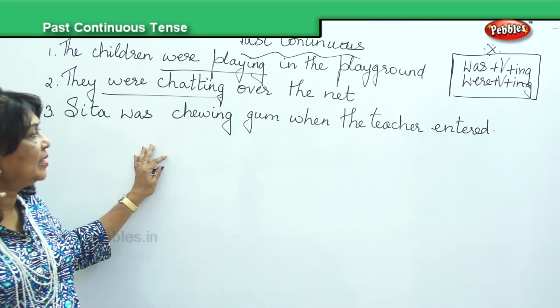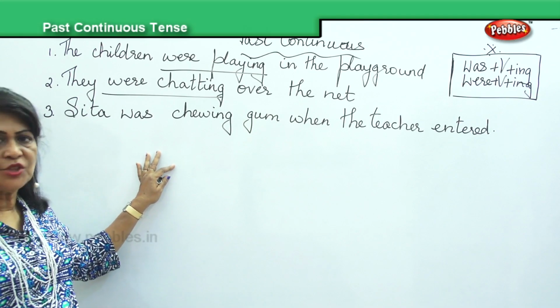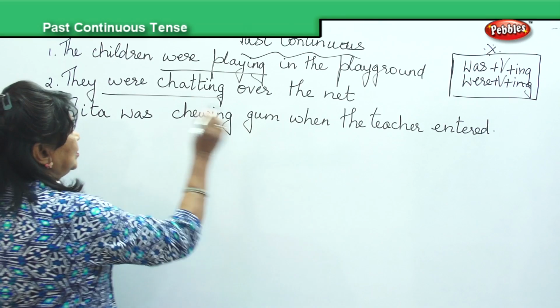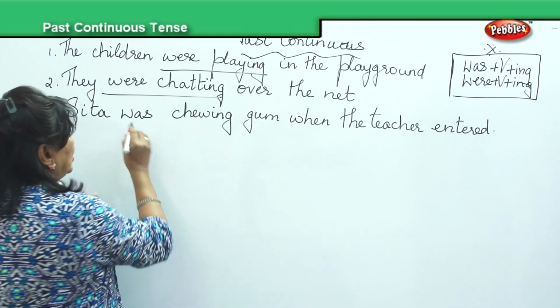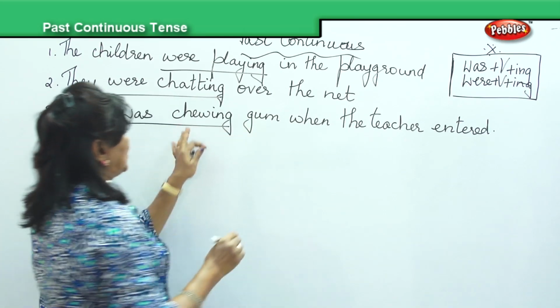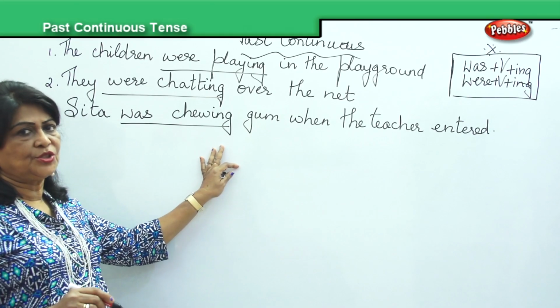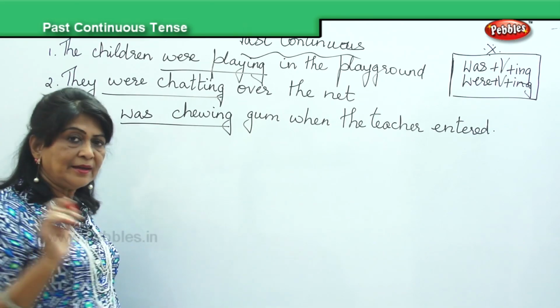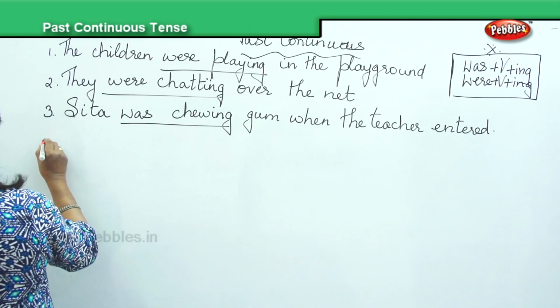Sita was chewing the gum when the teacher entered. Now, Sita is singular, so was plus verb plus ing, was chewing. Okay, is that clear? We'll have one more.